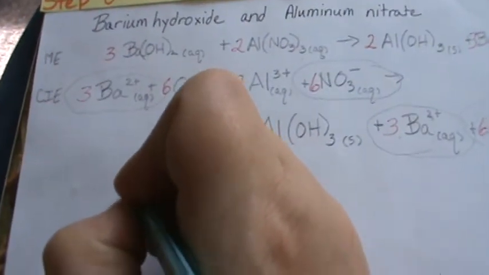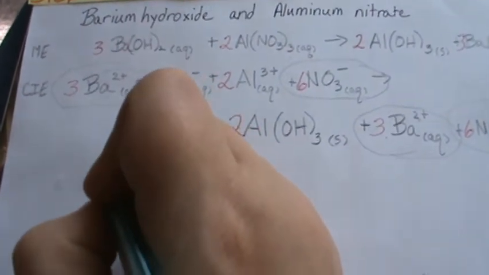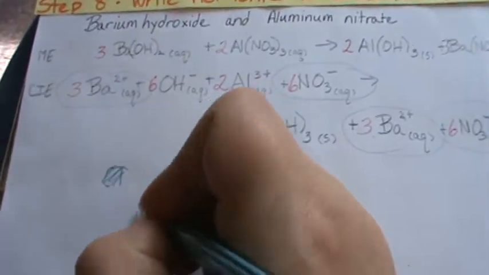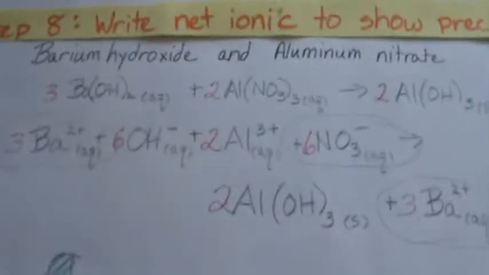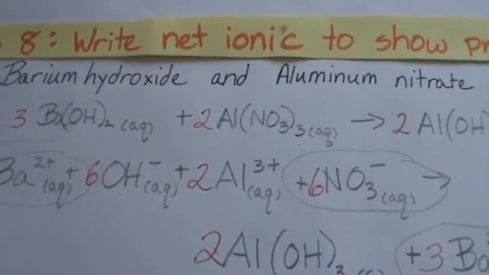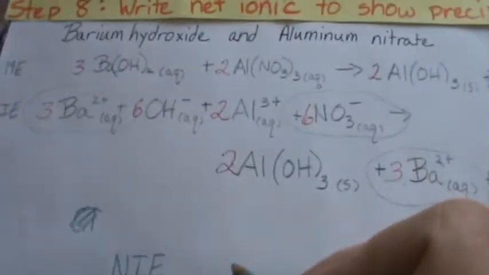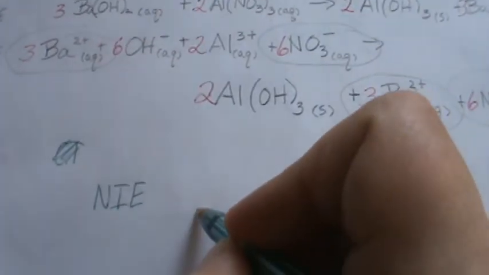And in this last step, where I identify the net ionic equation, I'm just going to write these down. Now, I have a habit of always writing my cations first. It's not necessary.